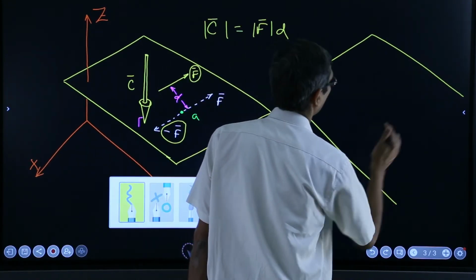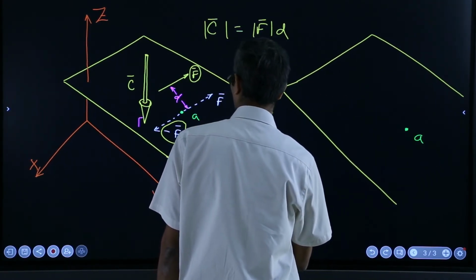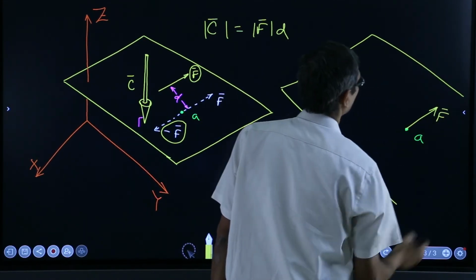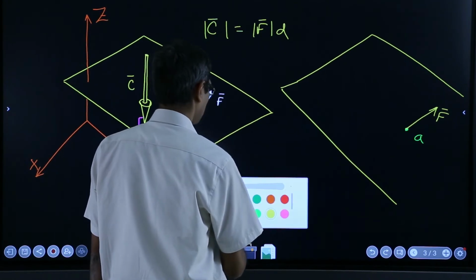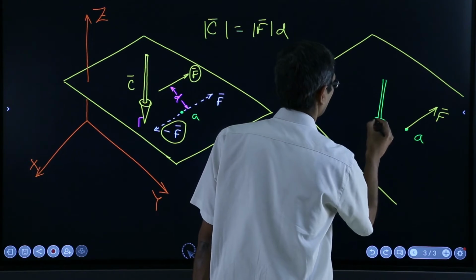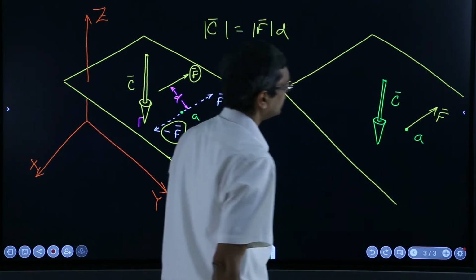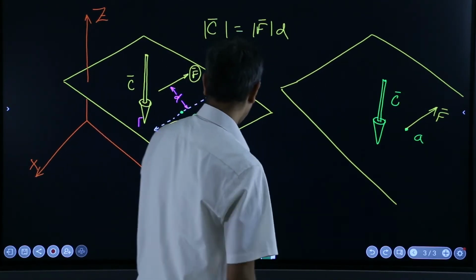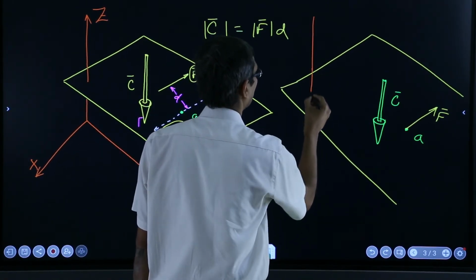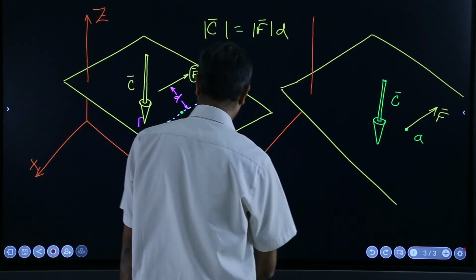The point A here lies like this, and the force now is here, F, and there is a couple moment like that, a couple moment like this, which is perpendicular to this plane. And let me also, for completeness, draw this line.